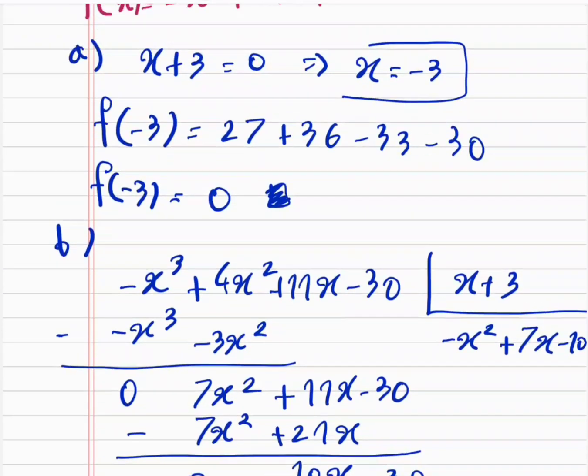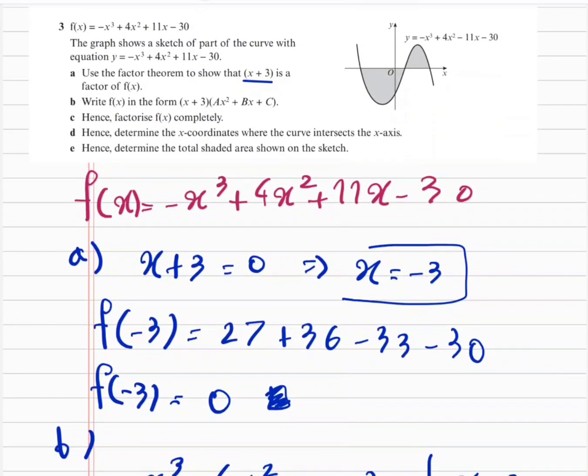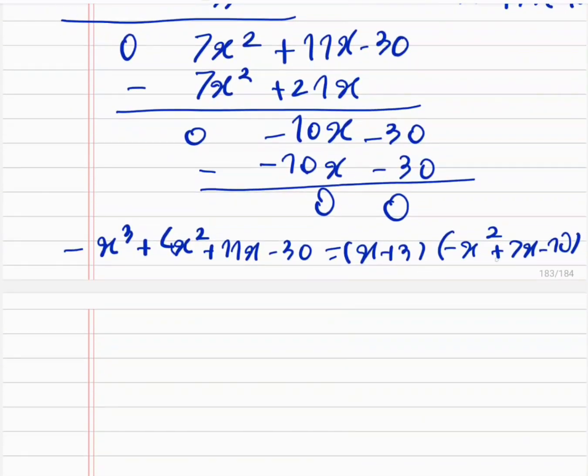Okay, so in the next part, we want to factorize f of x completely, which basically means that now that you have a quadratic, also factorize that quadratic. This part is very simple because x plus 3 doesn't need any factorization.